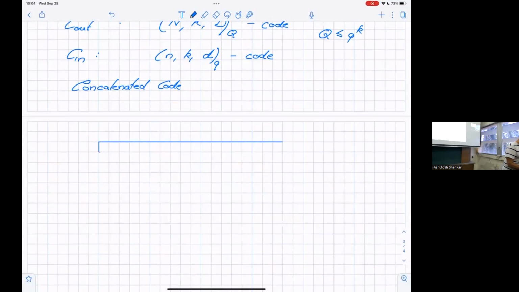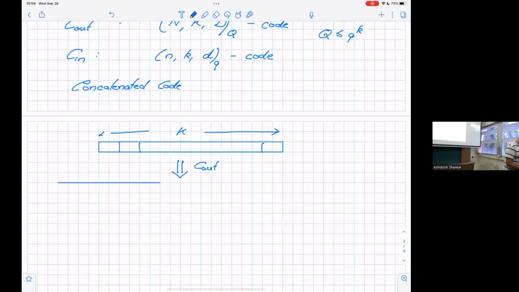The same picture which I'm going to be drawing again. You have this. This is over the large alphabet. This one is of size capital K. You use first the C out to encode this. You're going to get this larger object over here.